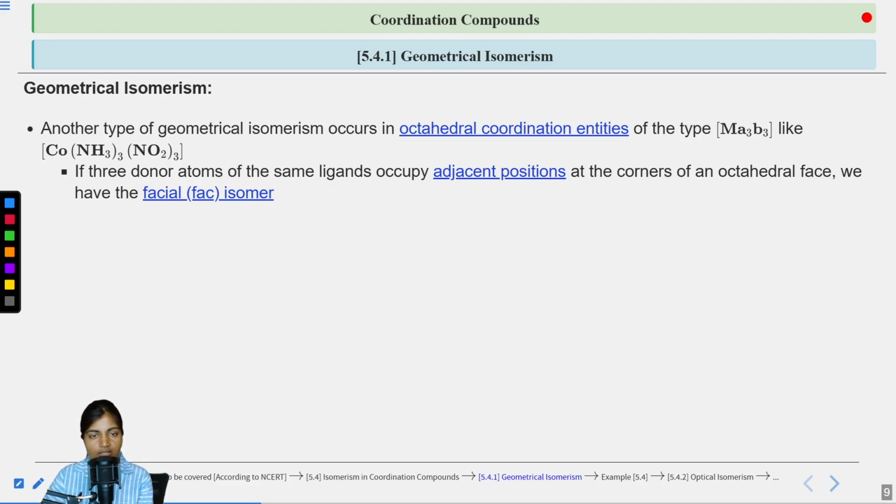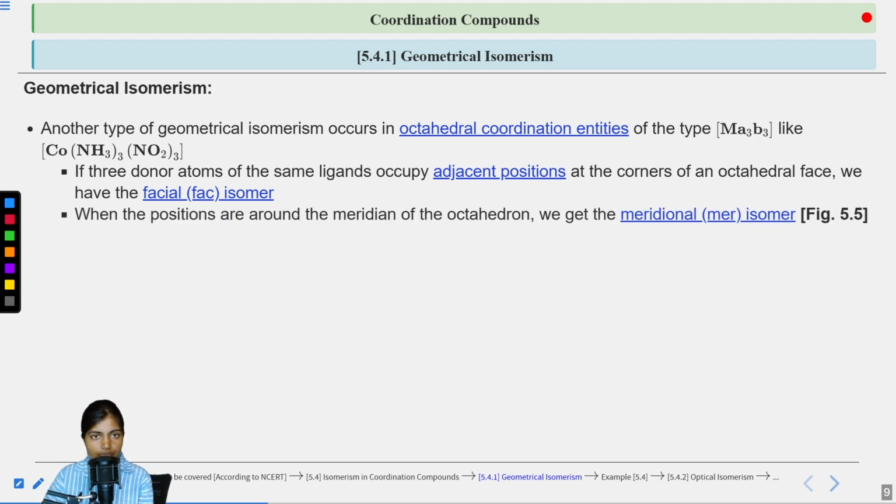So when these three nitrogens of the same ammonia ligand occupy adjacent positions at the corners of an octahedral face, in the 3D geometry, we get the facial isomer. We will understand it through the image.